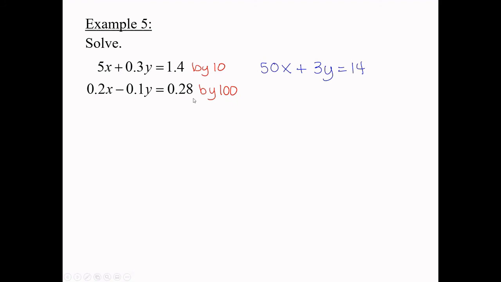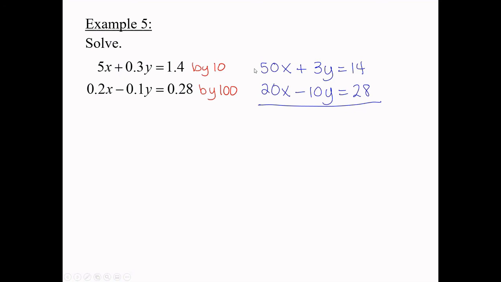I've got one digit behind here, I've got 2 digits behind here. So I have to multiply by 100, making this 20x, making this 10x, making that 28. Now I can look at this and see what I need to do.